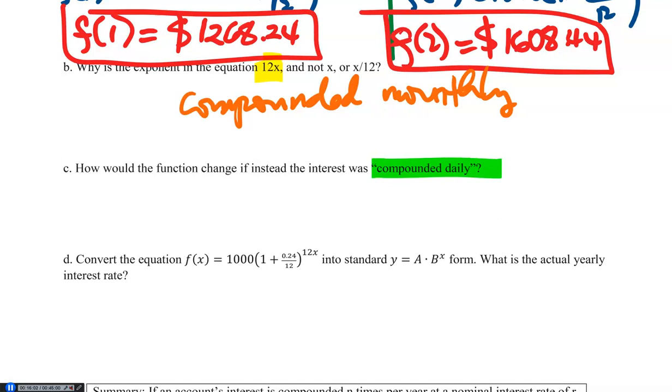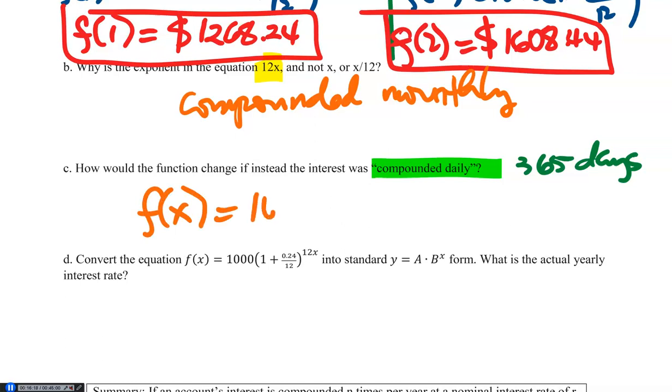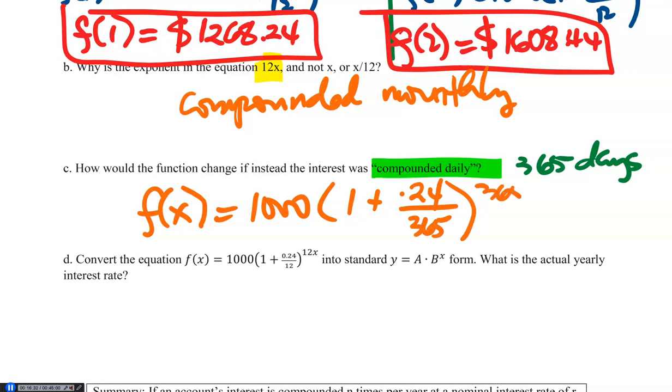So daily meaning there are 365 days in a year. So we use that. It's going to be f of x is equal to 1,000 times (1 plus 0.24, the nominal rate, over 365) raised to, instead of 12, we use 365x.